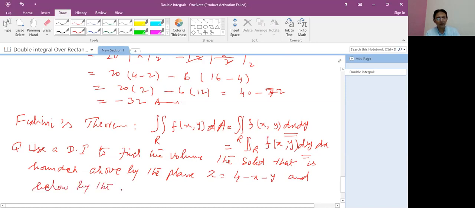The region R is a rectangular region. The limit of x is 0 to 1 and the limit of y is 0 to 2.